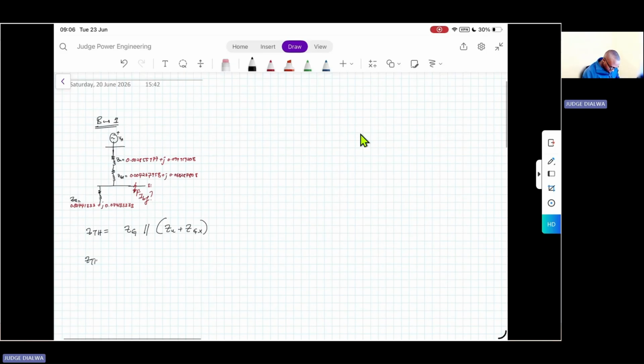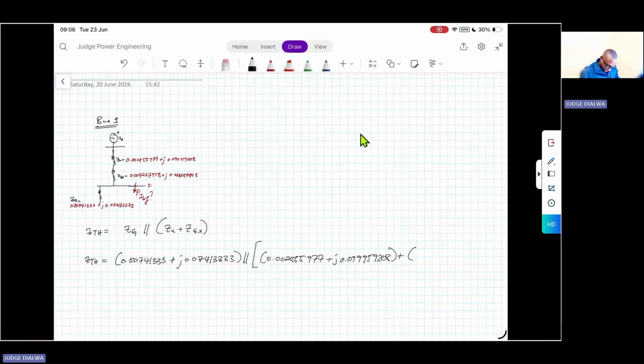So what is the impedance of our generator? It's given there, it's 0.0074133 plus j0.0741333. This will be in parallel with the series combination of our utility grid, which is the impedance of the utility grid, 0.002855977 plus j0.099959208.